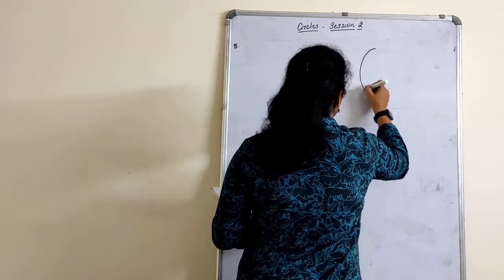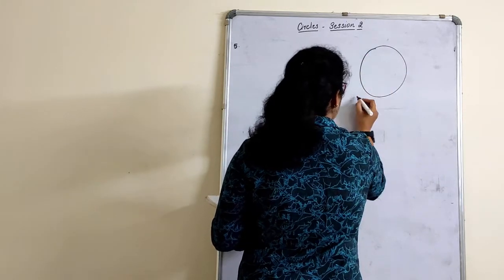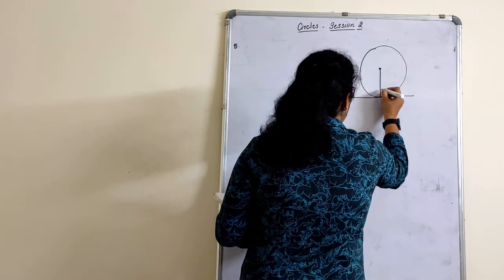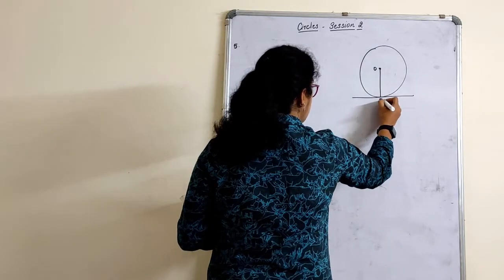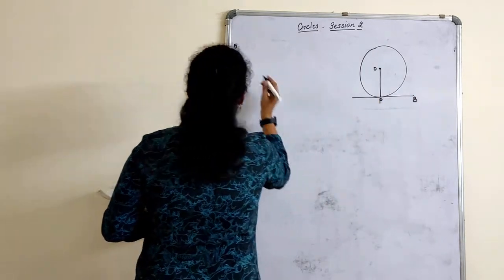So let's consider. Let O be the center of the circle, and PV is the tangent.